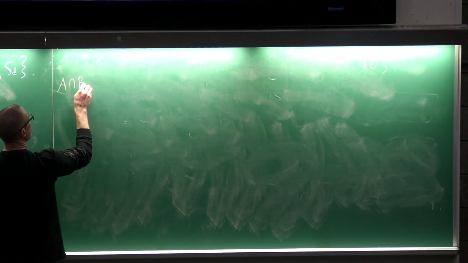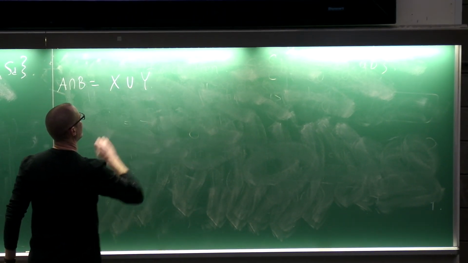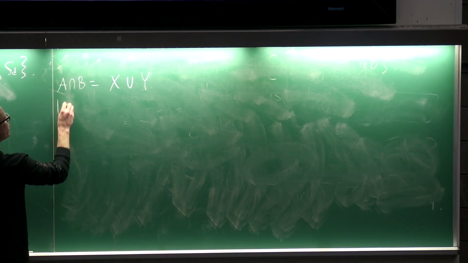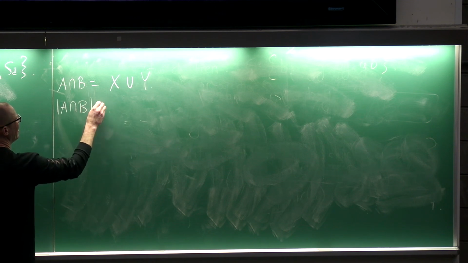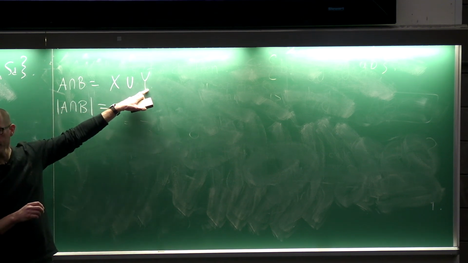So A intersect B is equal to X union Y. And therefore, the size of A intersect B is equal to what? Too quick? What's the size of X union Y?